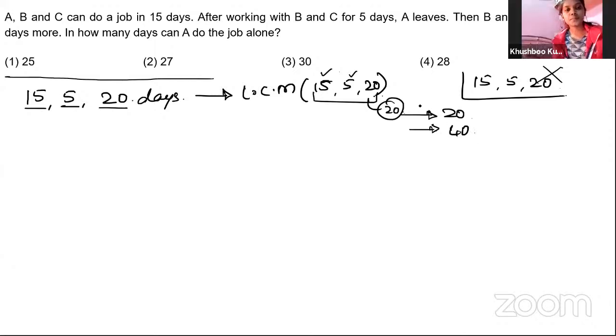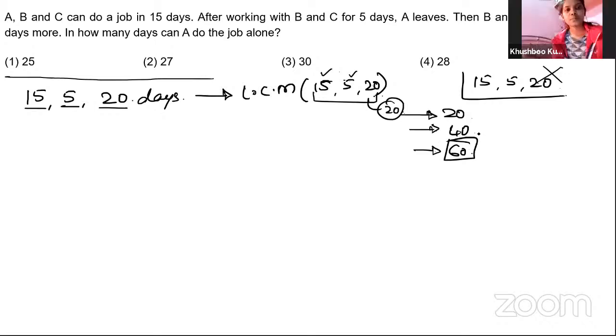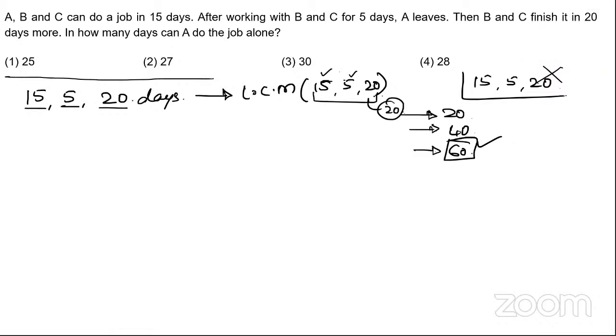Is 40 divisible by 5 and 15? No. You do not have to check for 5 because 20 is anyway divisible by 5. What is the next multiple of 20? 60. Is 60 divisible by 5 and 15? Yes. So that's my LCM. Take the biggest number and look at its multiplication table. That's what LCM is all about.